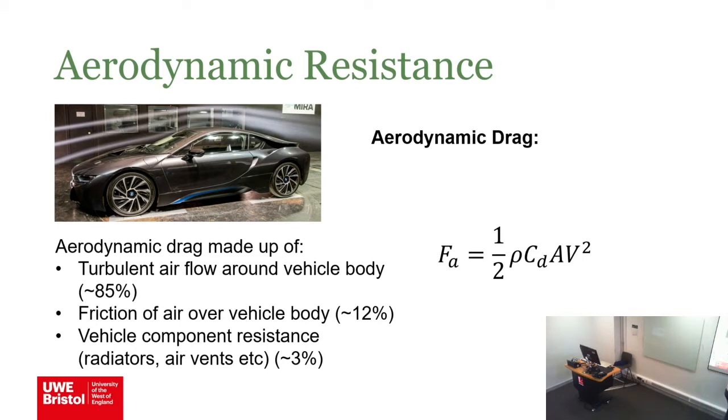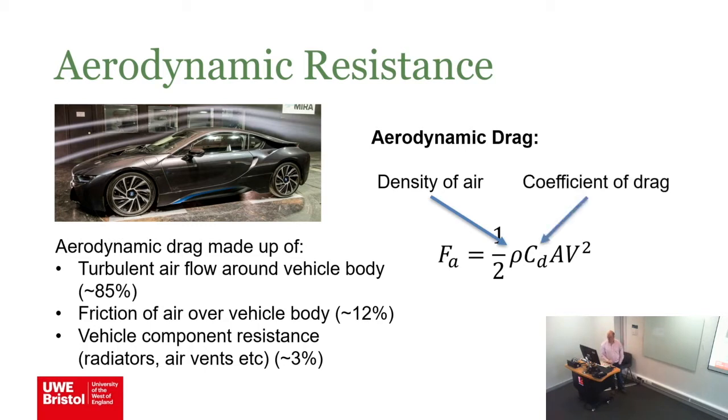We've got our aerodynamic force. Okay, it's 1/2 times rho, which is the density of the air, and that can be taken as a specific value. We've got this thing called the coefficient of drag, and that's where all these things are taken into account. Then the projected frontal area of the vehicle. If you imagine looking at the front of the vehicle, it's the area that's outlined by the shape of the vehicle, and it's times velocity squared.